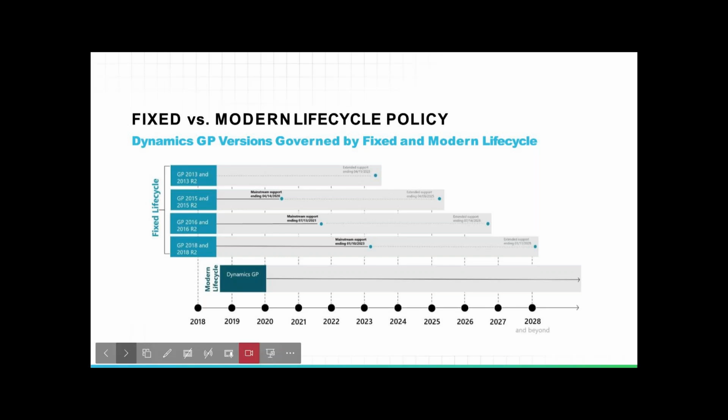And companies that want to explore something else can indeed do that. I'm all about stakeholders having the proper information in front of them so they can make the best decisions for themselves, their colleagues, their families, etc. Okay, so I believe Dynamics GP will be around much longer than 2028, and that this roadmap will go beyond that date sometime soon. When, we're not sure, but I believe it'll be sometime soon.